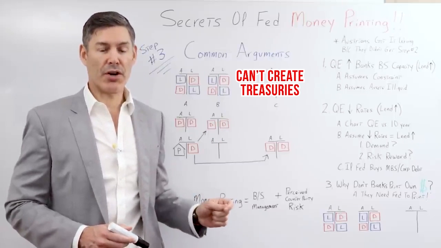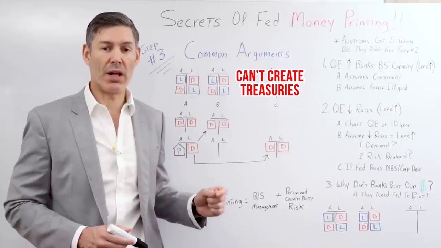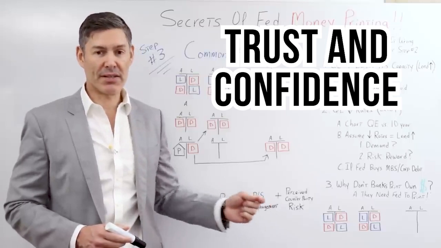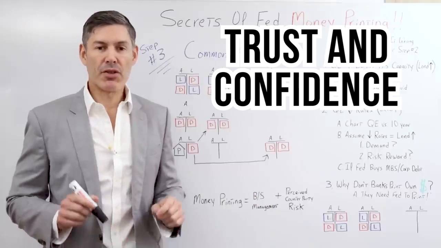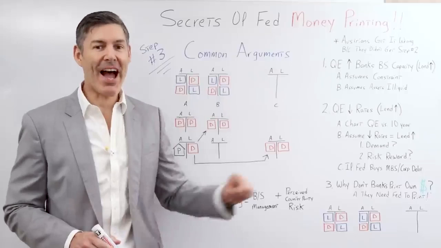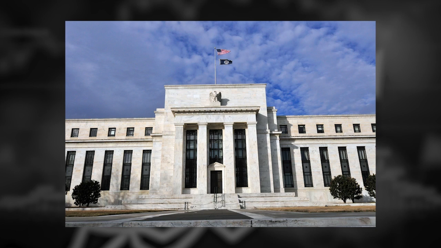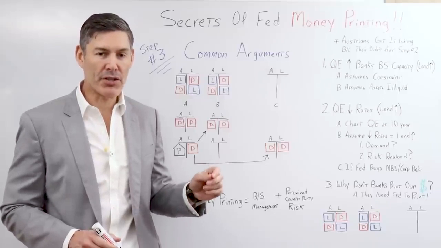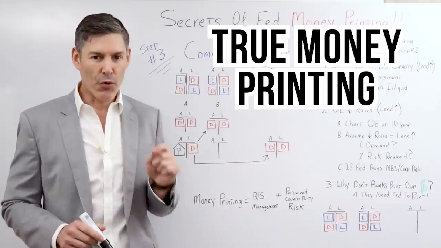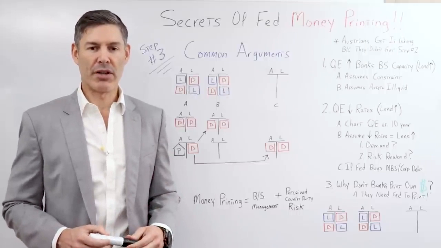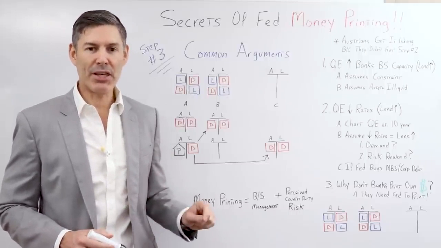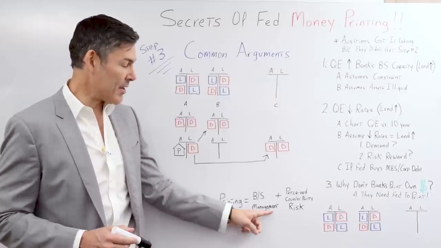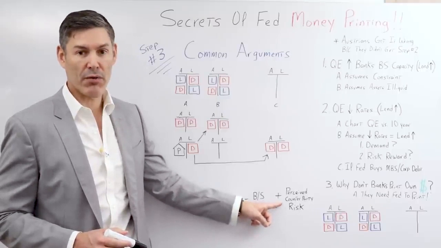The only thing they can create in this example is their own liability, which requires trust and confidence to be accepted by the other bank. So the main takeaway from this entire video is the Fed and the government can impact broad money supply on the margin. But true money printing, the real money printing that matters to the global economy, is nothing more than commercial bank balance sheet management and perceived counterparty risk.